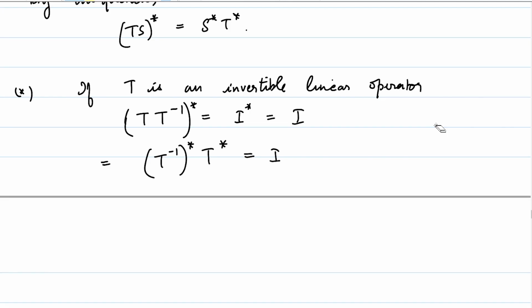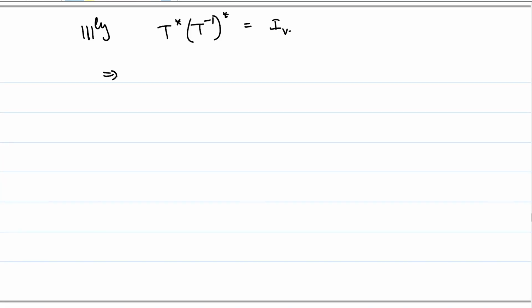T is from V to W, then T inverse T will be the identity of V, and T T inverse will be the identity of W. Similarly, T* (T inverse)* is the identity of V. This means that the adjoint of the inverse is the inverse of the adjoint. That's what we can conclude here.